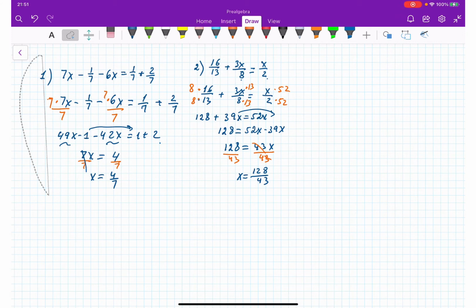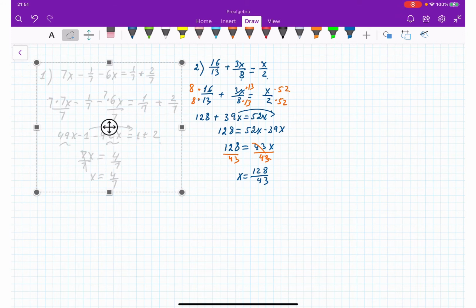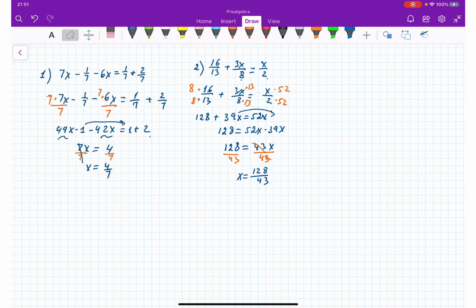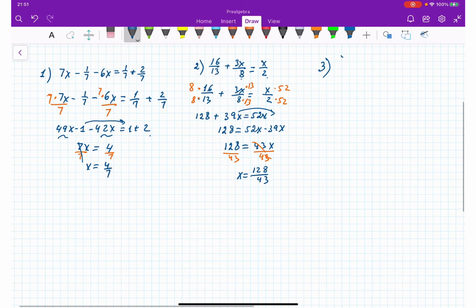Next, solving question number 3. What do we have? a over 4 plus 6 is equal a over 3 plus 8.